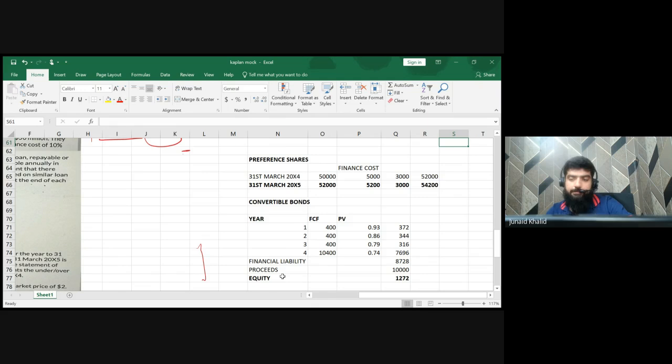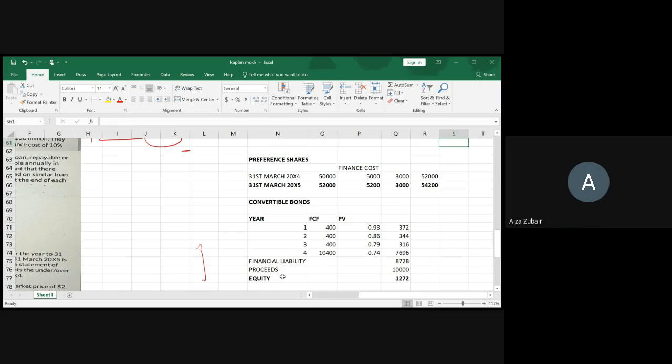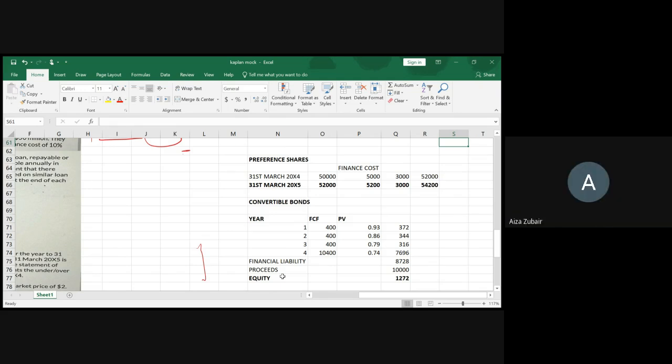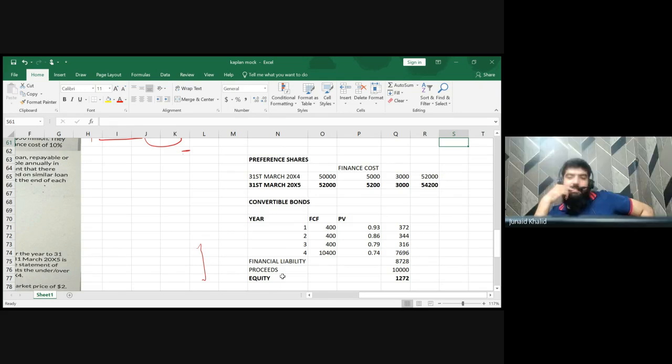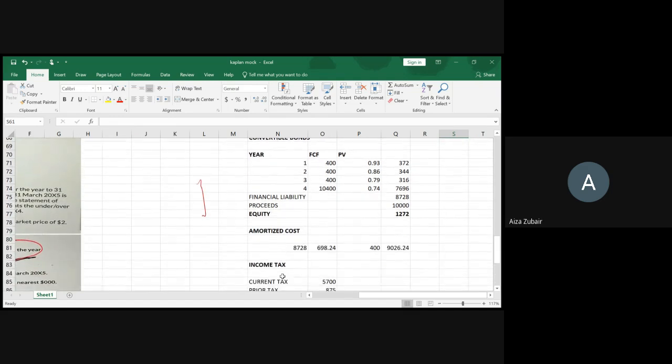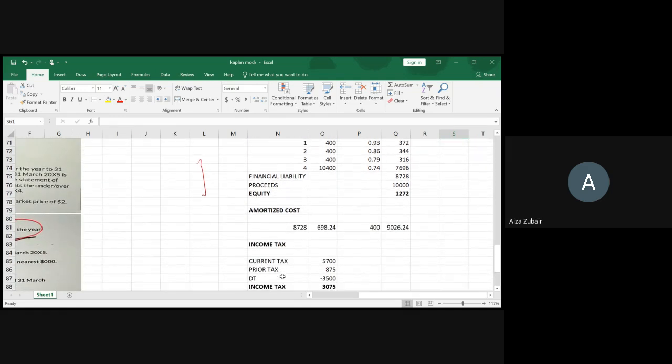Okay. Anything else that we need to recognize over here? We are done with the preference shares. Okay. Anything else? Tax. Don't you think that anything related to convertible bond should also be recorded? The financial liability, from the amortized cost.